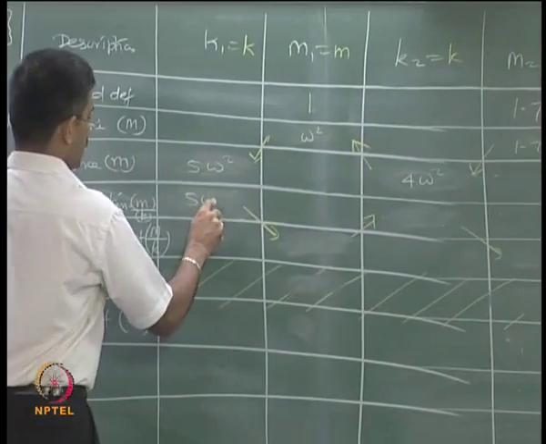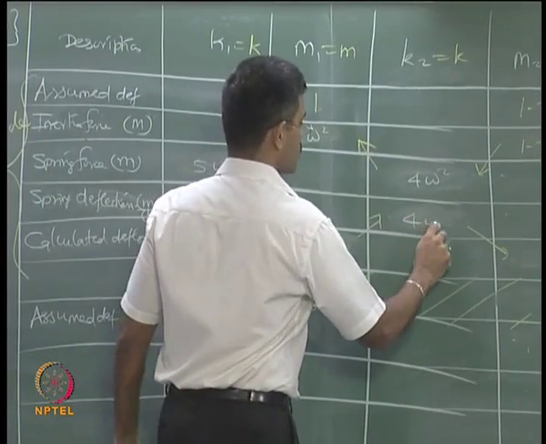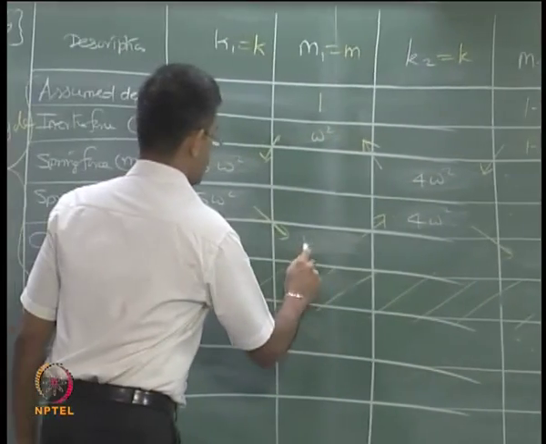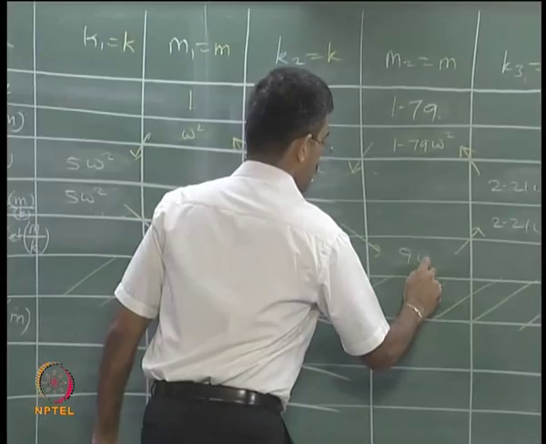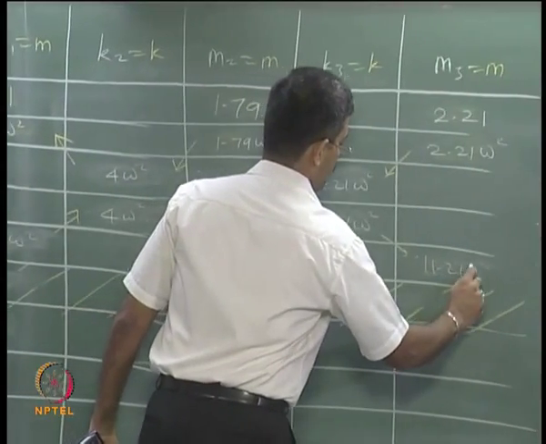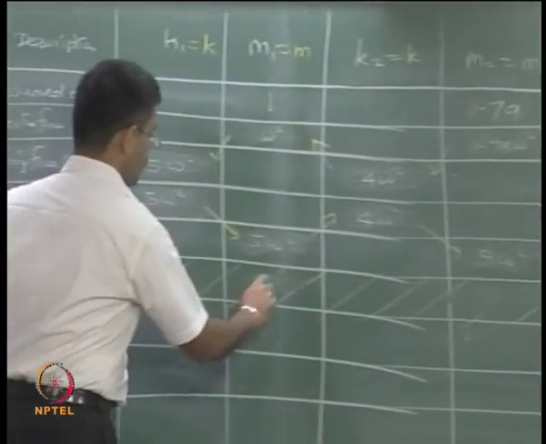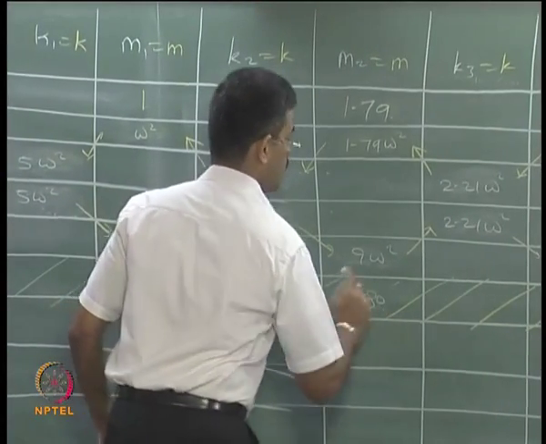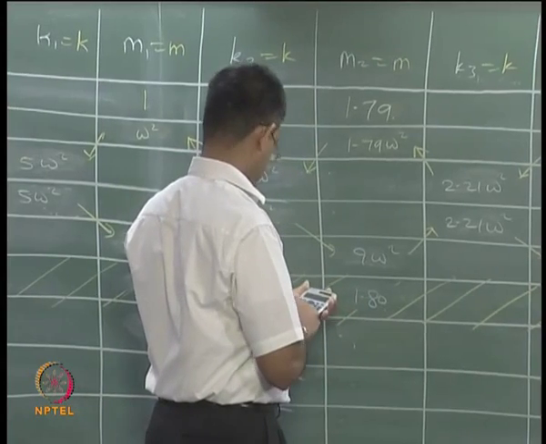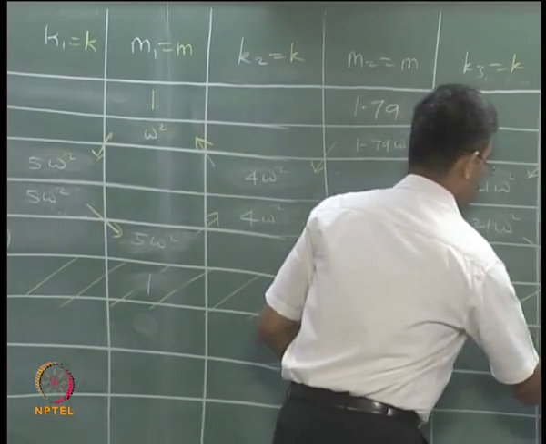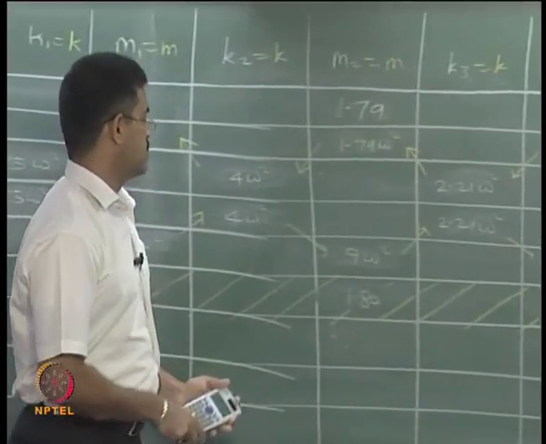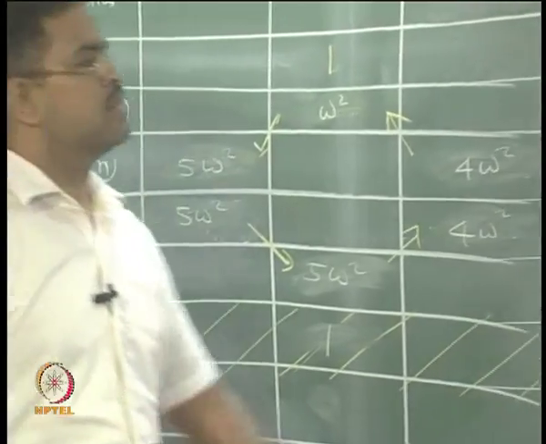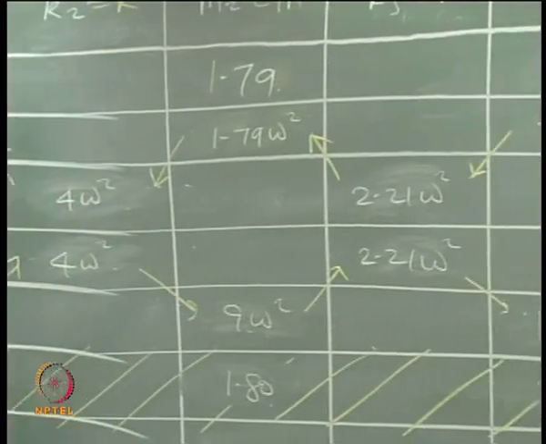So 5 omega square m by k, 4 omega square m by k, 2.21 omega square m by k. So 5 omega square, 9 omega square, 11.21 omega square, giving 1, 1.8, 2.24. You can see the second mode is already converging here, but still I have some discrepancy in the third value. Let us again repeat it.